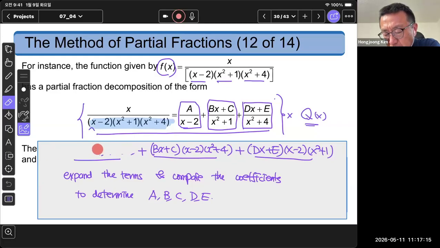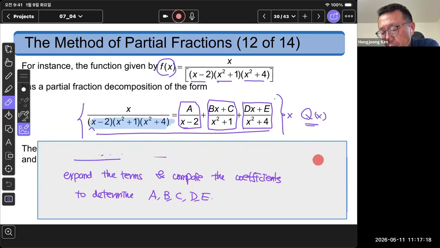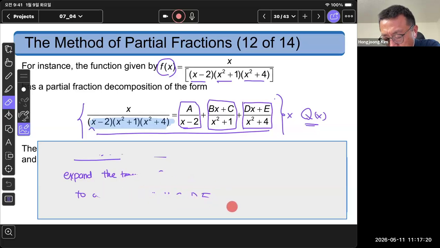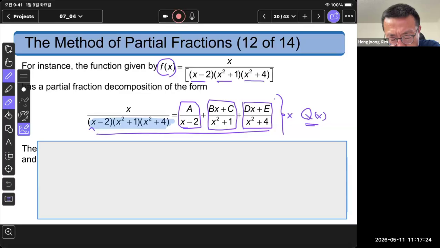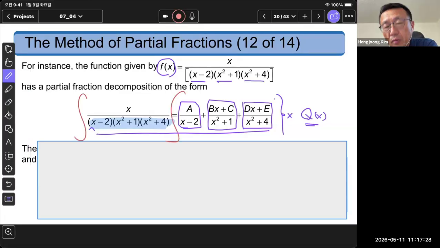I need to integrate each term on the right, right? So the next step is to integrate each term. When I integrate the first term, it is simple, right? I did this multiple times now. You get a times ln of the absolute value of x minus 2.